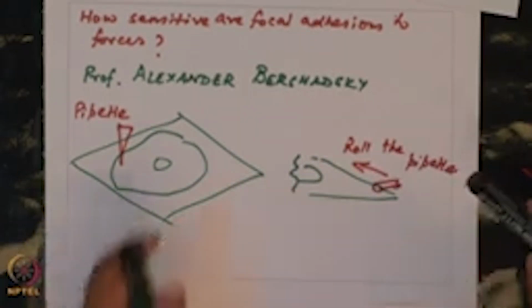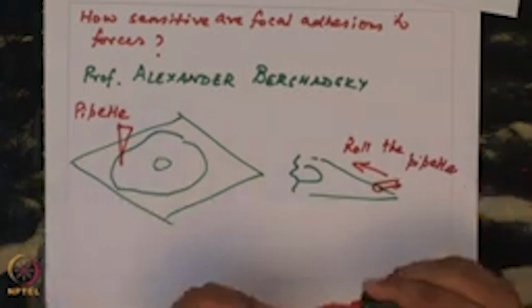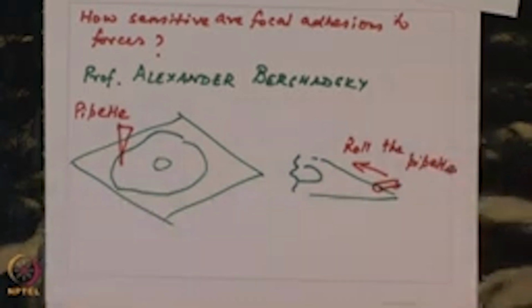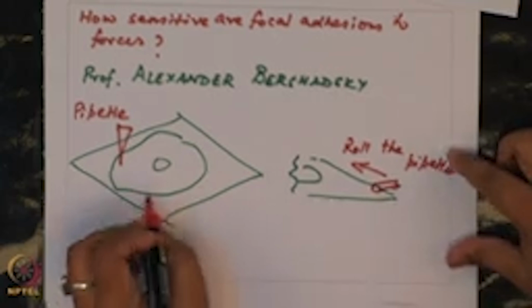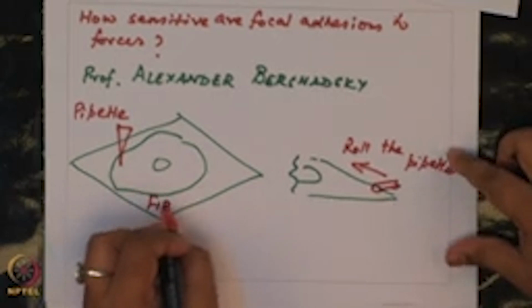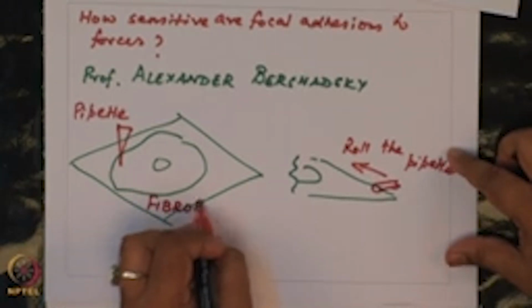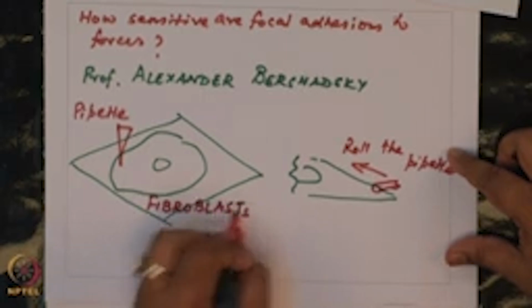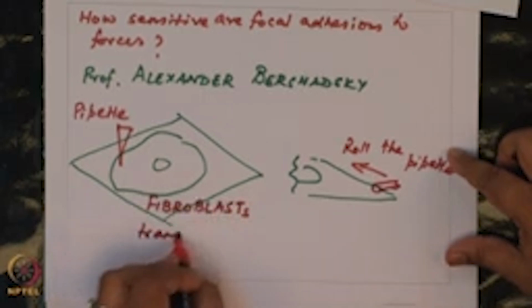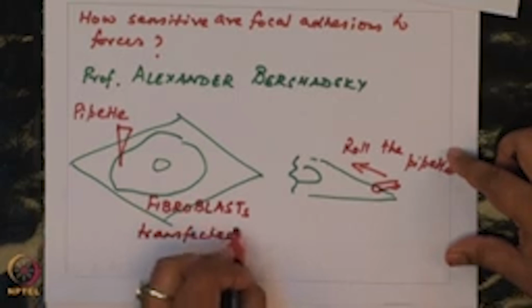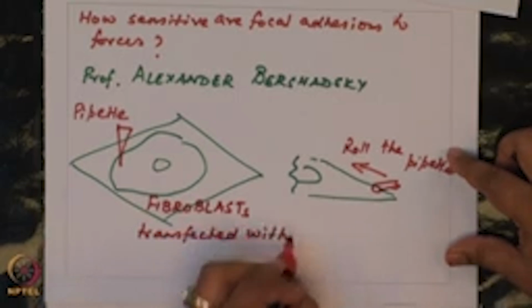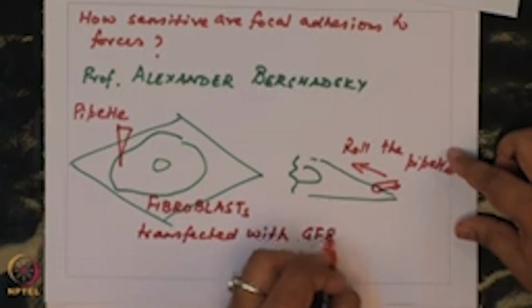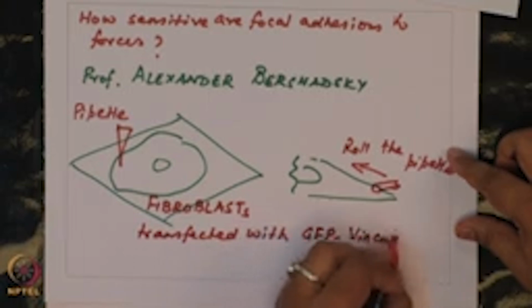So, what essentially you have done is you have exerted some local forces on these cells. So, these cells were fibroblasts which were transfected with GFP vinculin.